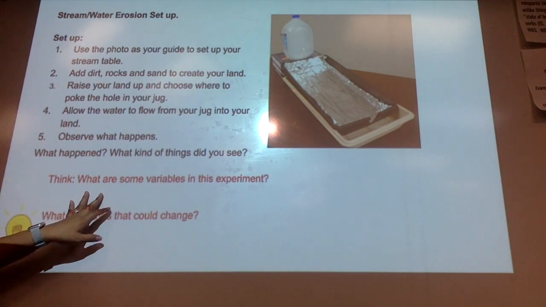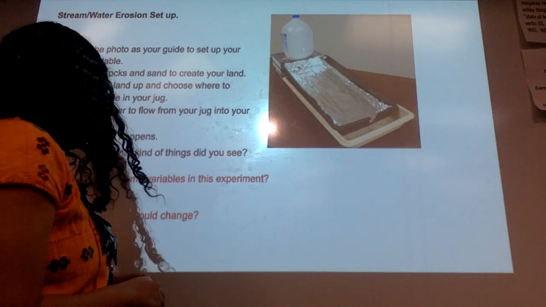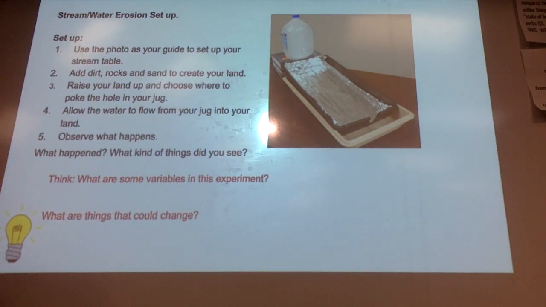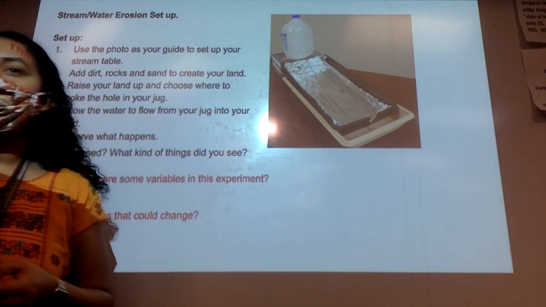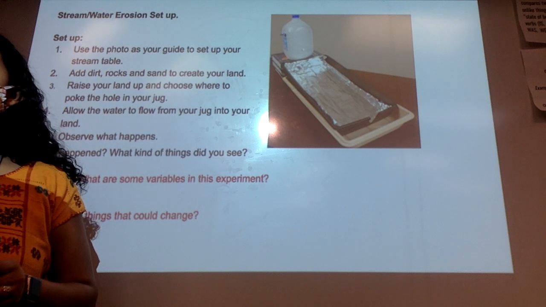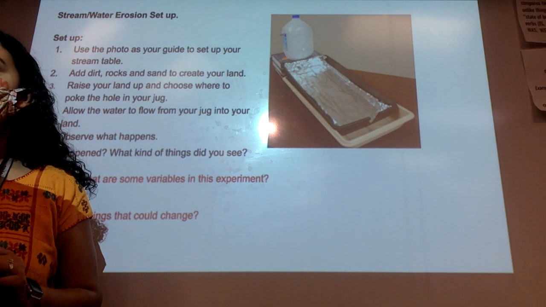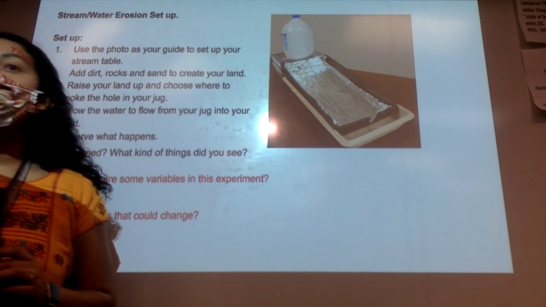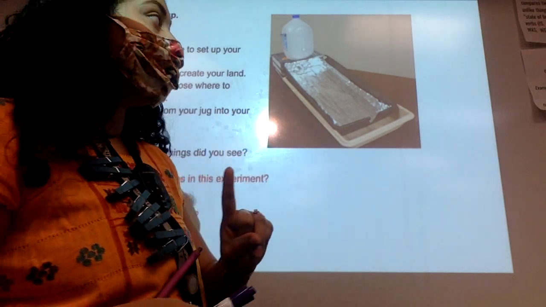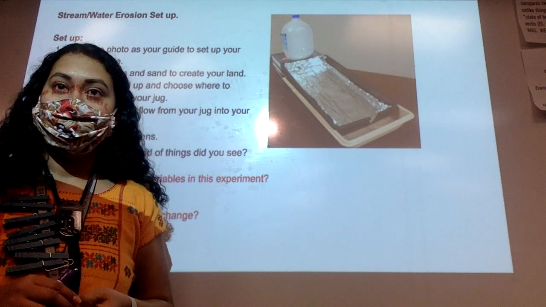Okay, if we were to change this experiment, what are some things that could change? Or no, sorry, first one. What are some variables in the experiment? What do you think are some of the variables? So a variable is one thing that can be controlled in the experiment.